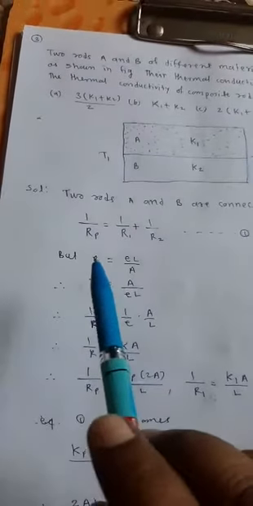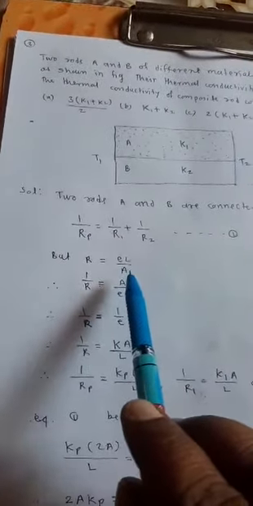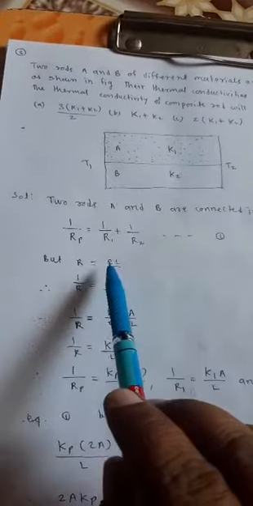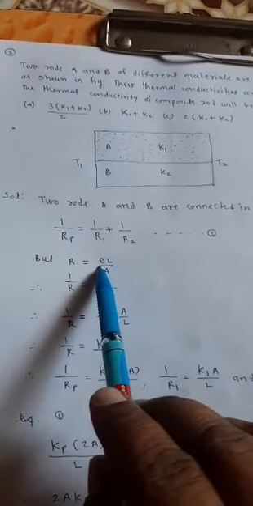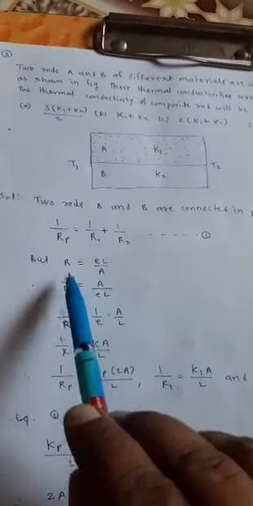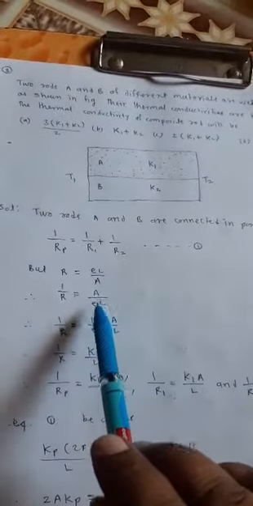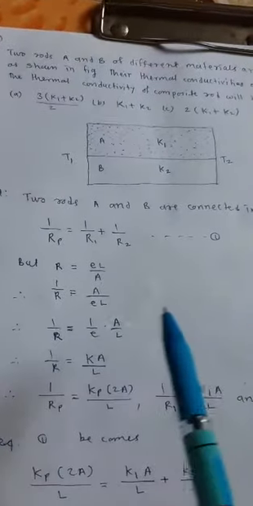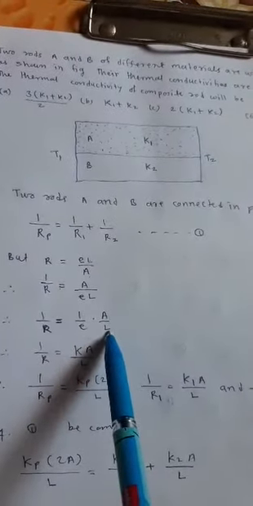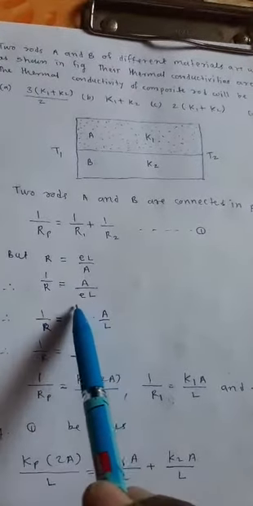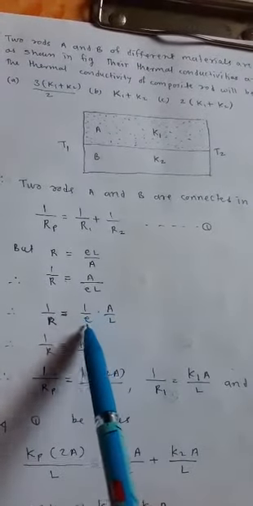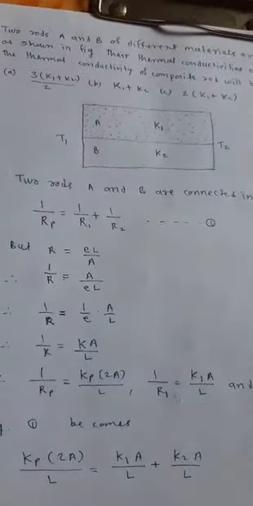But we know that resistance is directly proportional to length and inversely proportional to area. Therefore, we can write R equals rho L divided by A, where rho is the resistivity or specific resistance. Taking the reciprocal on both sides, 1 by R is equal to A divided by rho into L. Therefore, 1 by R is equal to 1 by rho into A divided by L. 1 by rho is the reciprocal of the resistivity, the reciprocal of this specific resistance.